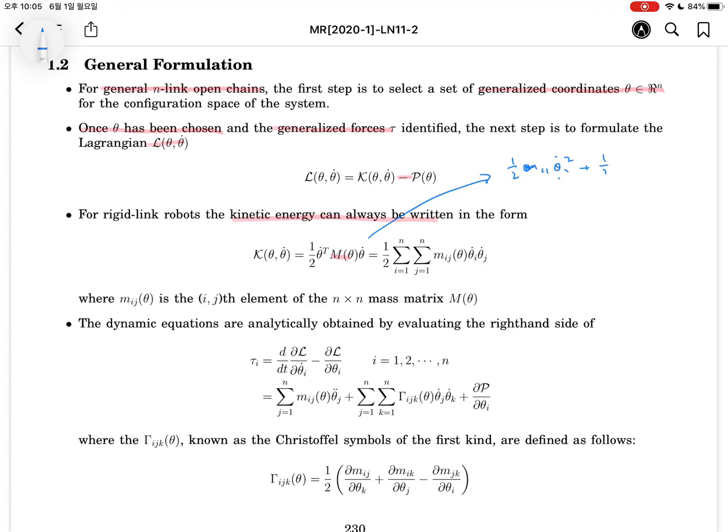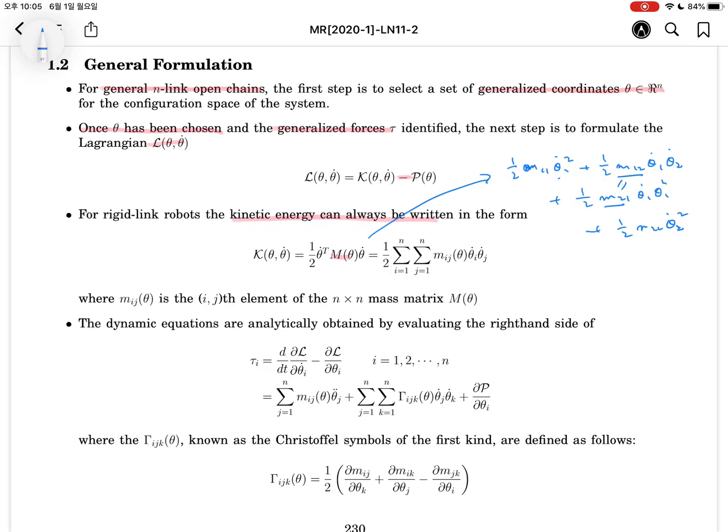m11 theta 1 dot squared, plus 1 over 2 m12 theta 1 dot theta 2 dot, plus 1 over 2 m21 theta 1 dot theta 2 dot, plus 1 over 2 m22 theta 2 dot squared. The inertial matrix is symmetric, so both are the same as each other.